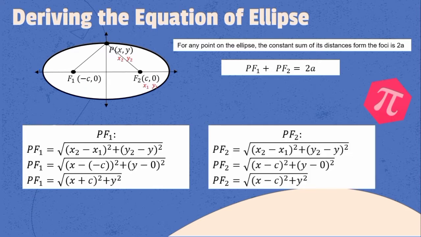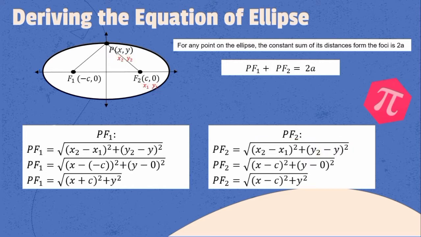Let us now get the distance of the other focus going to the same point, that is line segment PF sub 2. In here, we will still be using the distance formula. However, our x sub 1, y sub 1 will be the coordinates of our second focus.